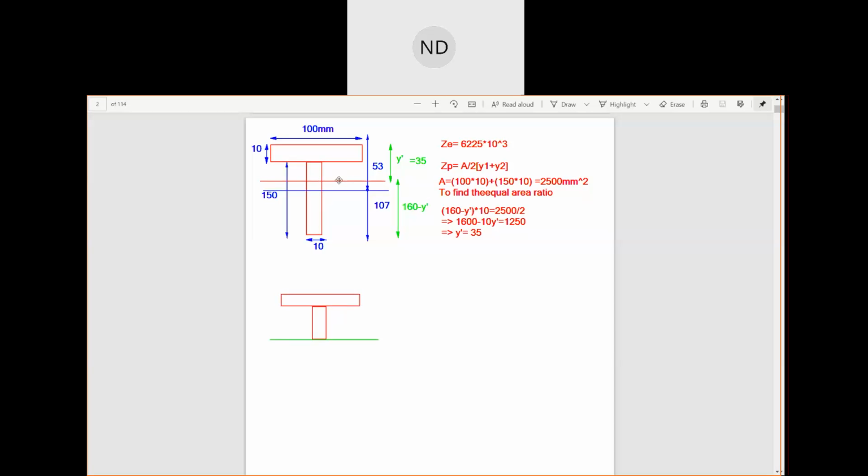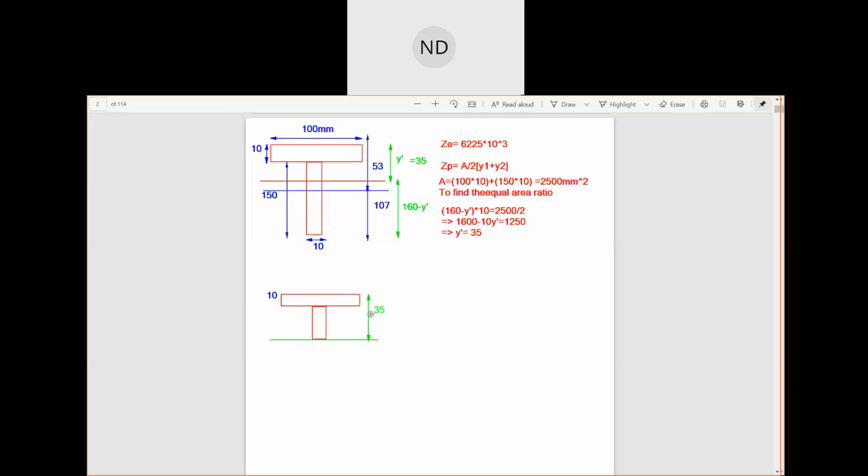This portion above the equal area axis is this small one and this upper one, and this is 10. This equal area axis from here, this entire one, is 35, we got y dash as 35.